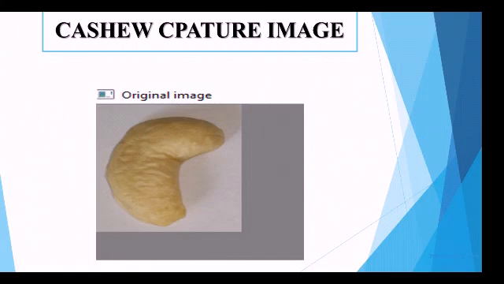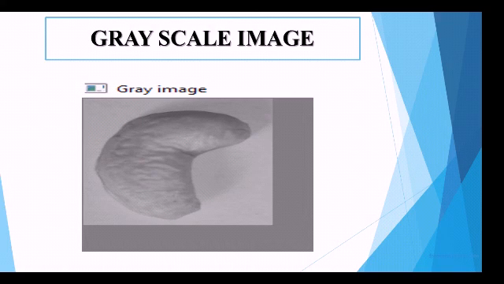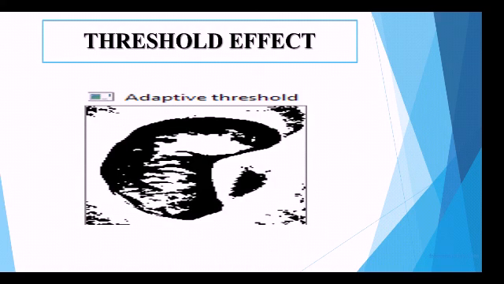The screenshots. The screen captured image is the original image. The original image of the cashew nut is captured from the Raspberry Pi camera, and it is converted into a grayscale image, and some threshold effects were added to remove noise and some morphological effects.